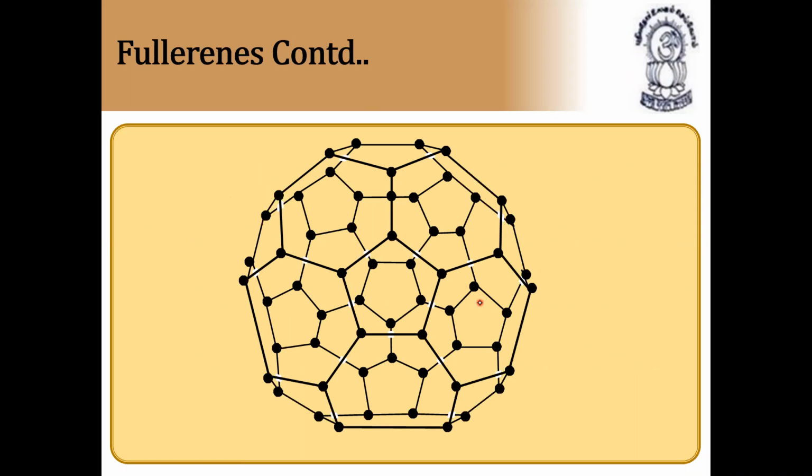So, the structure of Buckminster fullerene. The 60 carbon atom molecule is called Buckminster fullerene, and it is nothing but C60. 60 atoms of carbon are present in this.